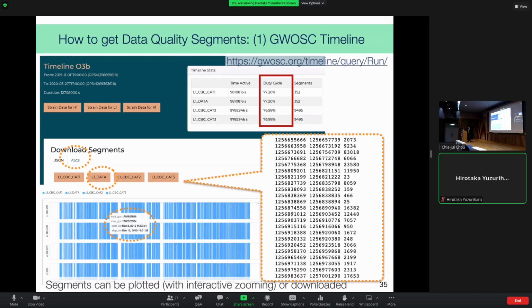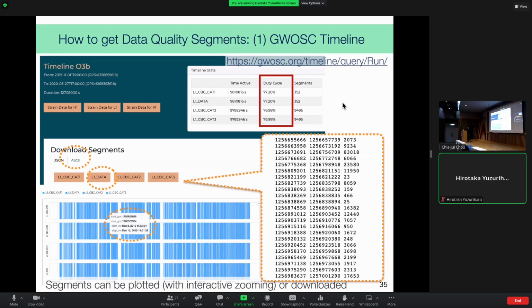Here is an example of LIGO Livingston. Please check the duty cycle for category 1, 2, 3. Category 1 is 77%, but category 3 is 76%, so very tiny data are removed. So maybe you can use category 3.